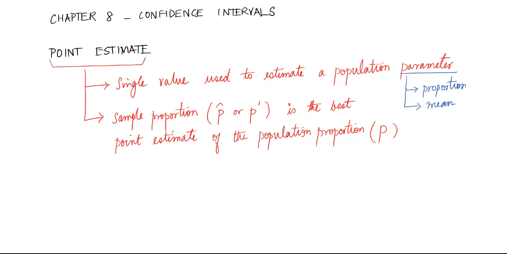Okay, that's what this means. So the p hat is coming from the sample, right? So p hat is the statistic that targets p, which is the population parameter.